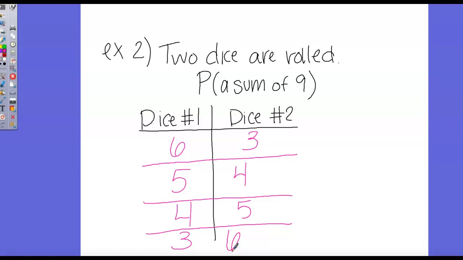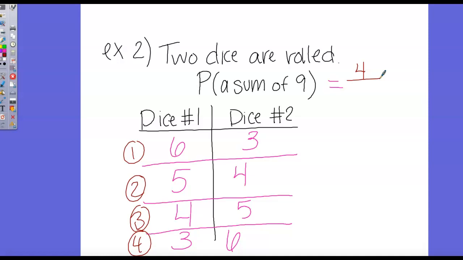Now, how many options do we have of rolling a sum of 9 on 2 dice? Jada? 4. 4, right? Because we have 1, 2, 3, 4 options. So we have 4 options out of how many total? How are we going to figure out the total number of options? Addie?